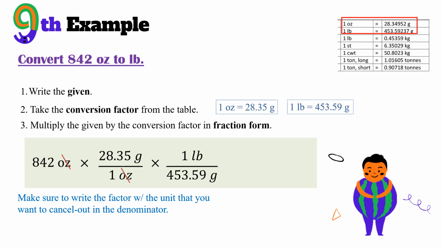In this case, gram will cancel out and you will be left now with pound. So you perform the operation 842 times 28.35 over 1 times 1 over 453.59. So you will get 52.63 pounds.